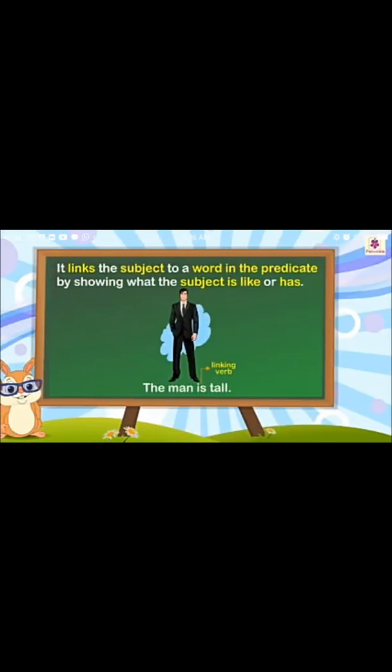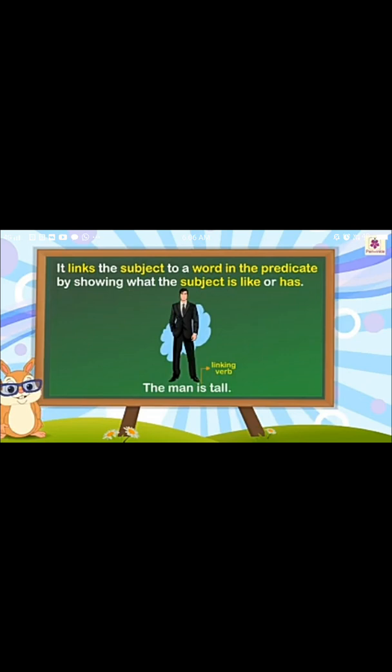Next sentence. The man is tall. Here the subject is the man and tall is the predicate. So here the linking verb is connecting subject with predicate, and we have learnt that a linking verb tells us what the subject is like. So how is the man?